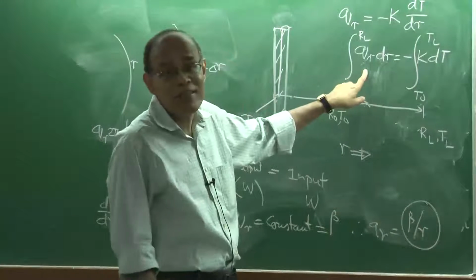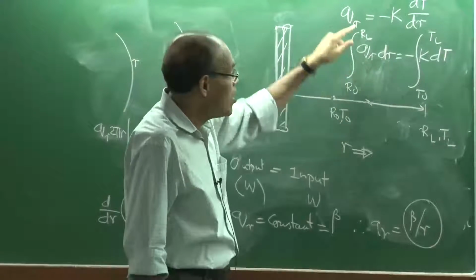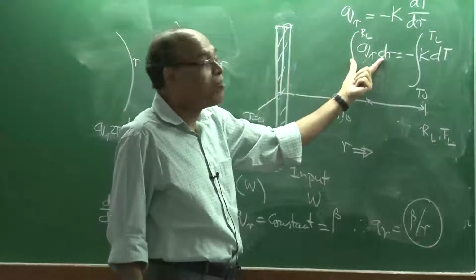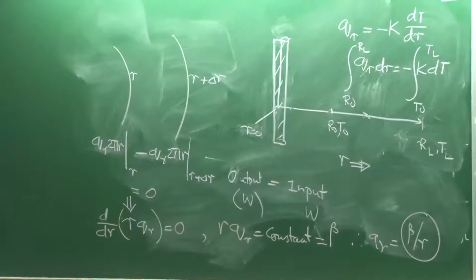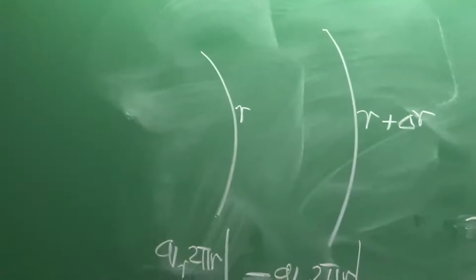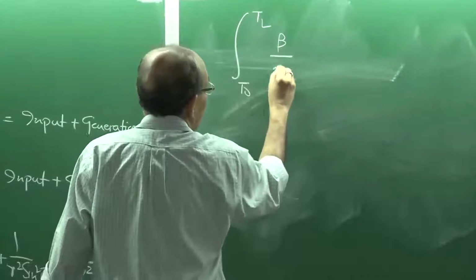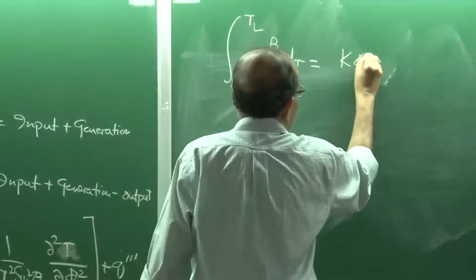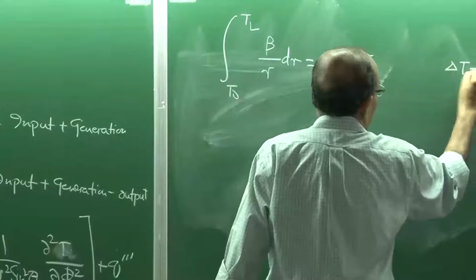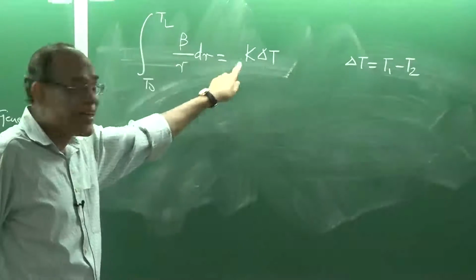I can go back to this equation. So this is going to be beta by r and then dr, differential r. So I should be able to integrate this without any problem. It's a straightforward case now, and let us put the final results here. The final result will look like the integral from T0 to TL of beta divided by r dr, and here we have k into delta T, and that delta T I have defined as T1 minus T2, because I have eliminated the negative sign here.